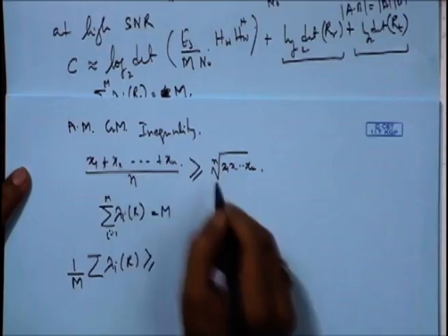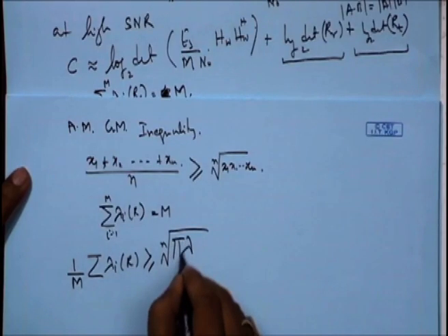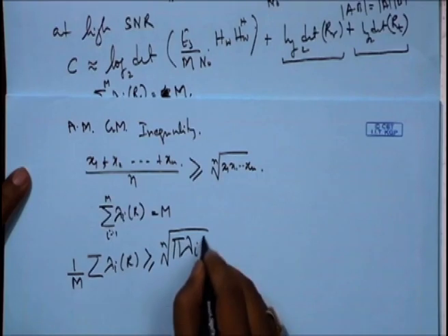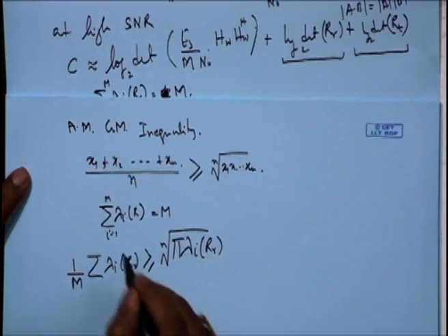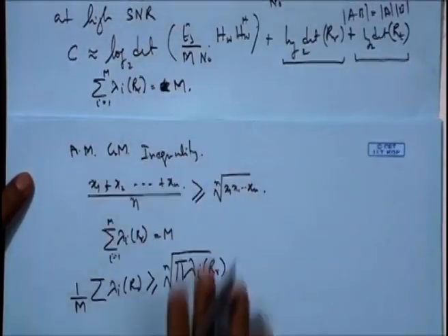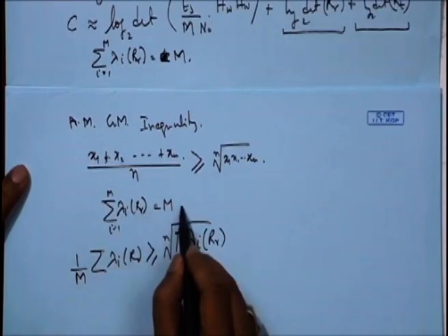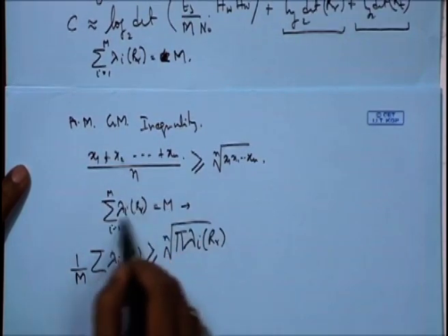This should be greater than or equal to the nth root of the product of lambda i of RR, that is the receive matrix. So now if you look at this, the left side is equal to 1.